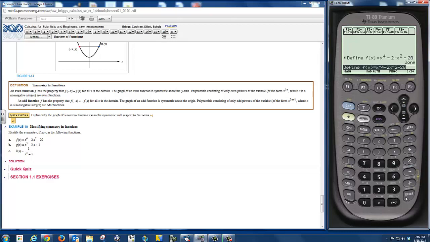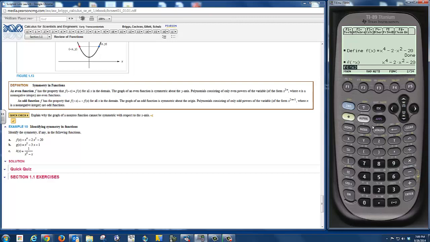Now, if this is going to be an even or an odd function, we should look at f evaluated at negative x. So let's do that. f evaluated at negative x. And is that the same as f evaluated at x? You can see it is. So that must be an even function. And you can tell because all the exponents are even.